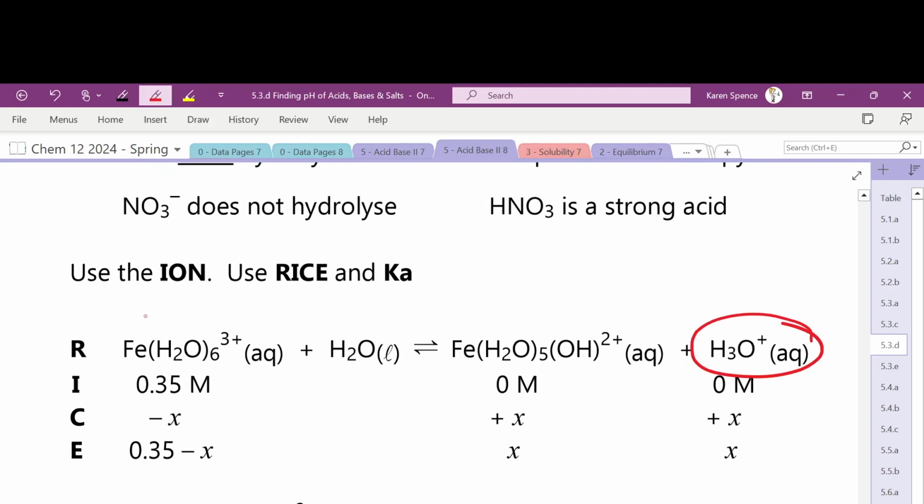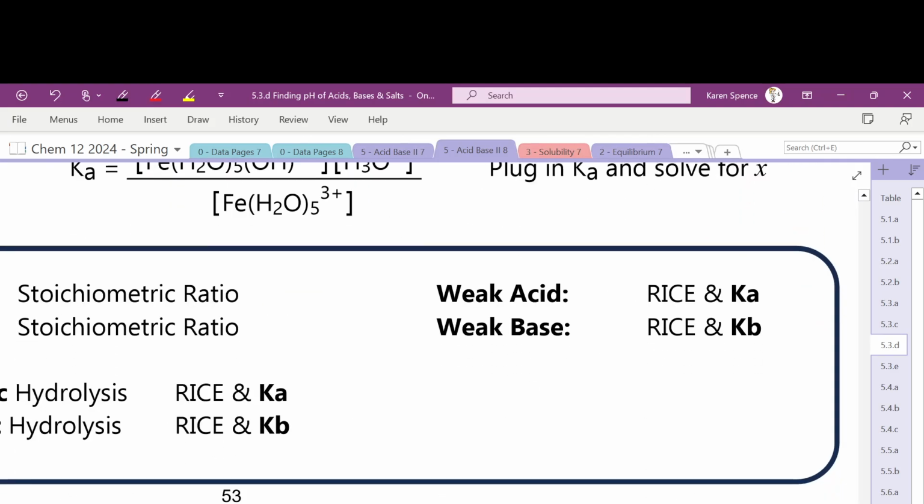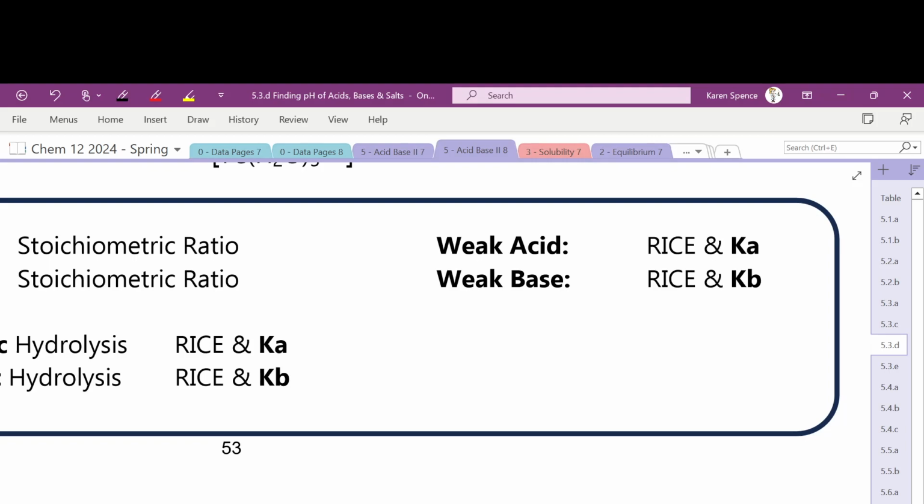Again, it's a cation, it's hydrolysis, so you must add water. If you don't know what to do with this anion, add water. I don't know what to do with this cation, add water. Do a RICE and Ka. Hydrolysis, just add water. I need a poster to add to my posters. Okay, I got a little giddy there, I'm sorry.